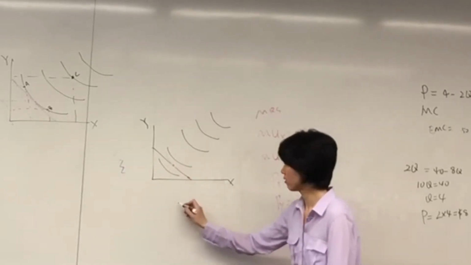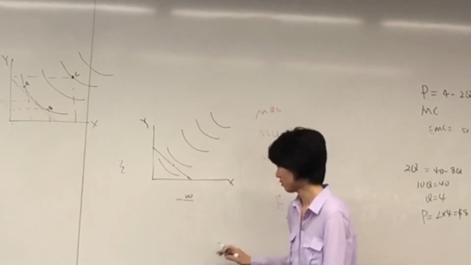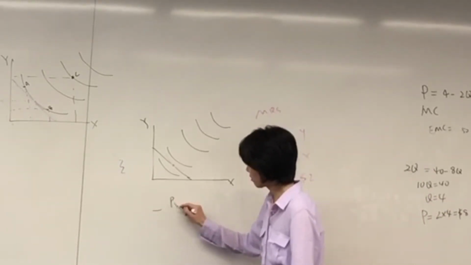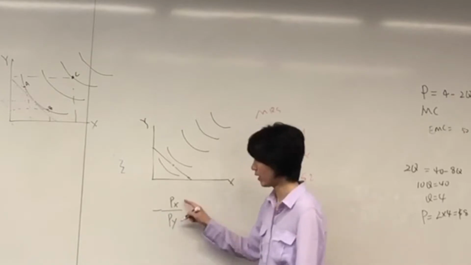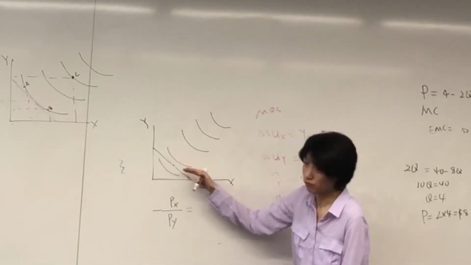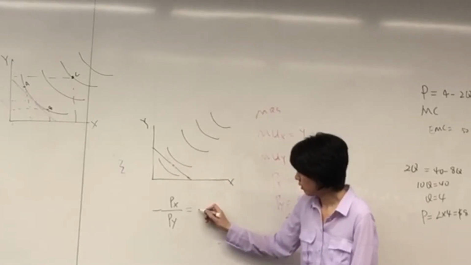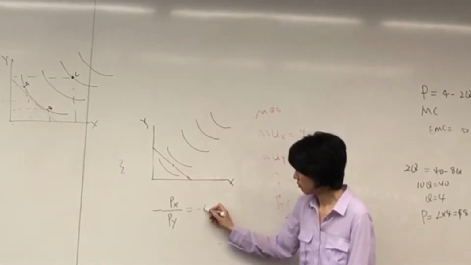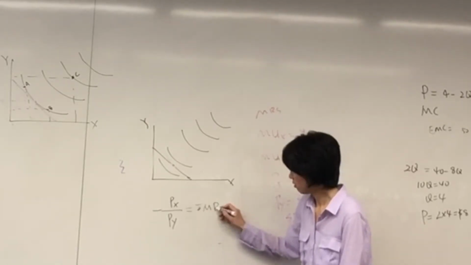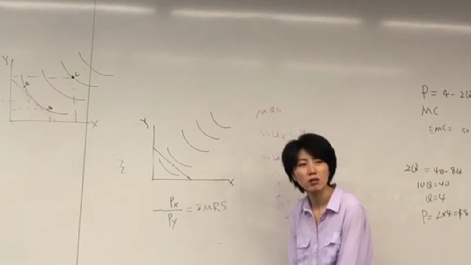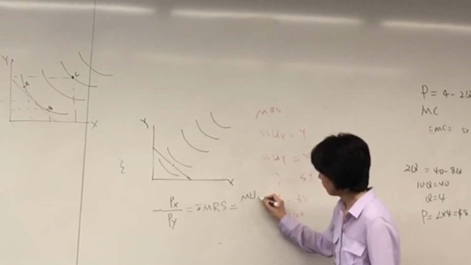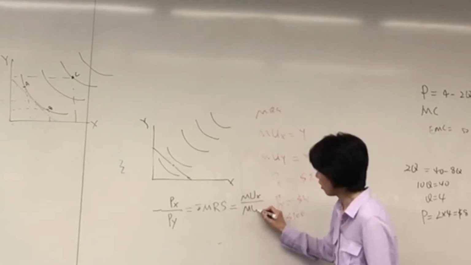The slope of the budget line is negative Px over Py, which equals the slope of the indifference curve, that is the marginal rate of substitution, or MUx over MUy.